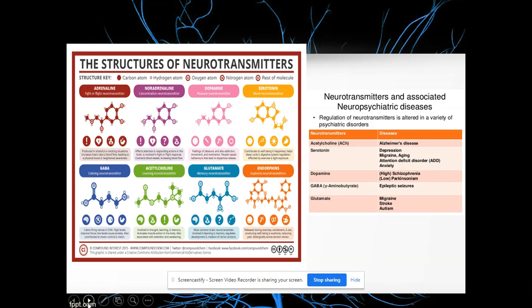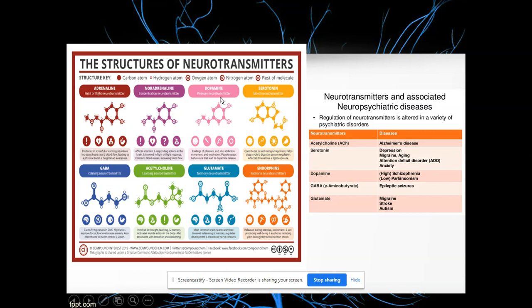So lots of different kinds of neurotransmitters. You've probably heard of a lot of these. So adrenaline and noradrenaline, these are produced by the adrenal glands that sit on top of the kidneys. Also called epinephrine and norepinephrine. This is going to increase heart rate, increase breathing rate, lots and lots of energy. This calms things back down.